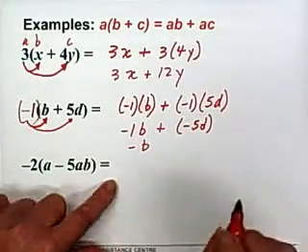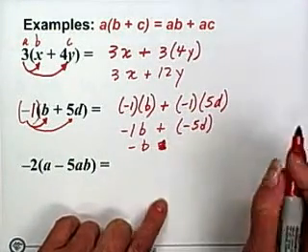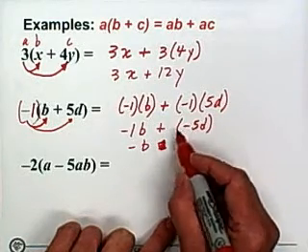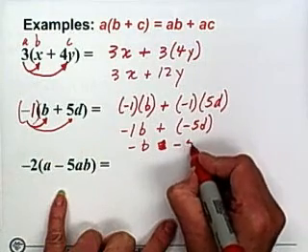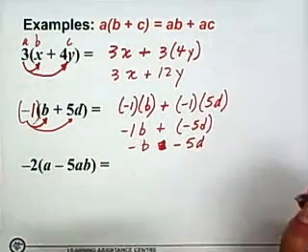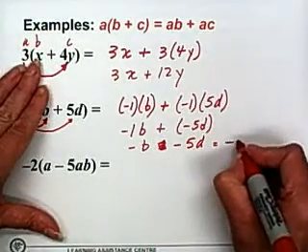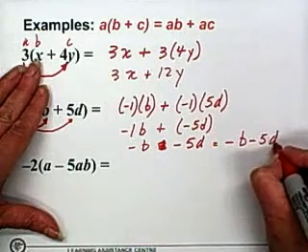Sorry, this positive times the minus gives us a negative. So this is now a minus 5d. I'm just going to rewrite that because I made an error there. So this becomes minus b minus 5d.